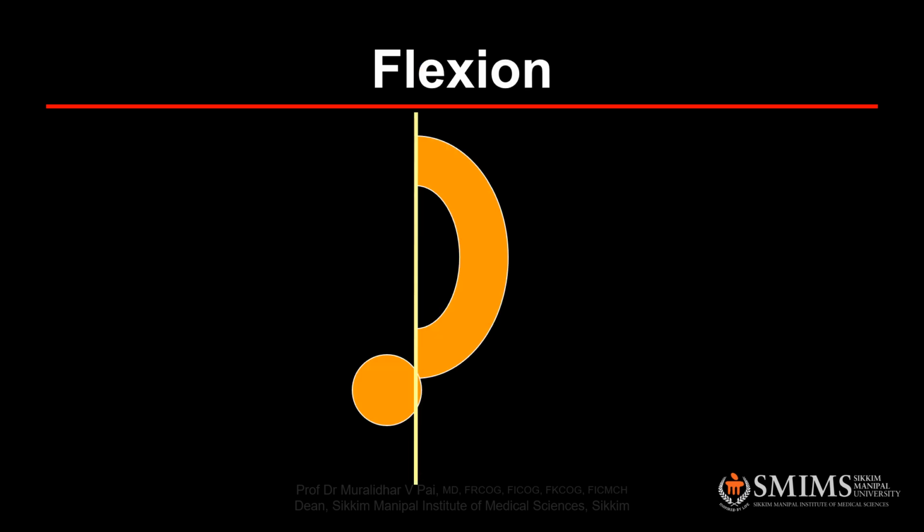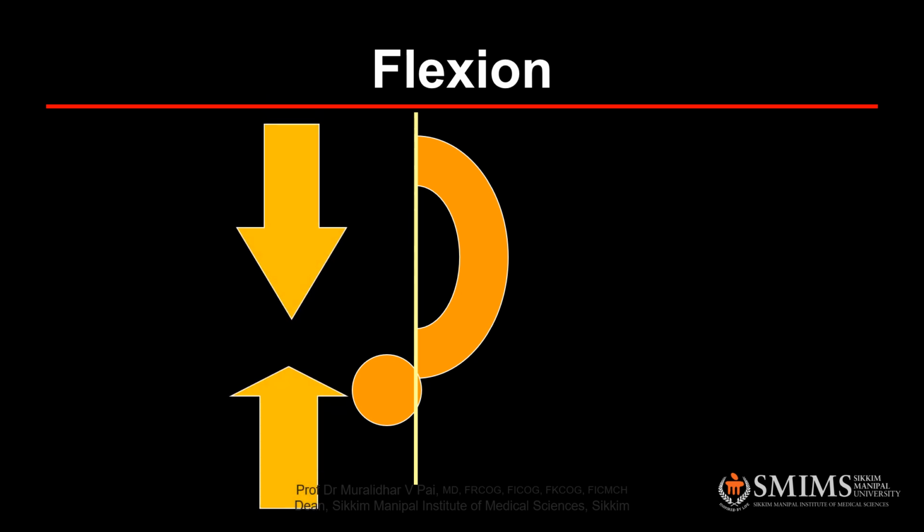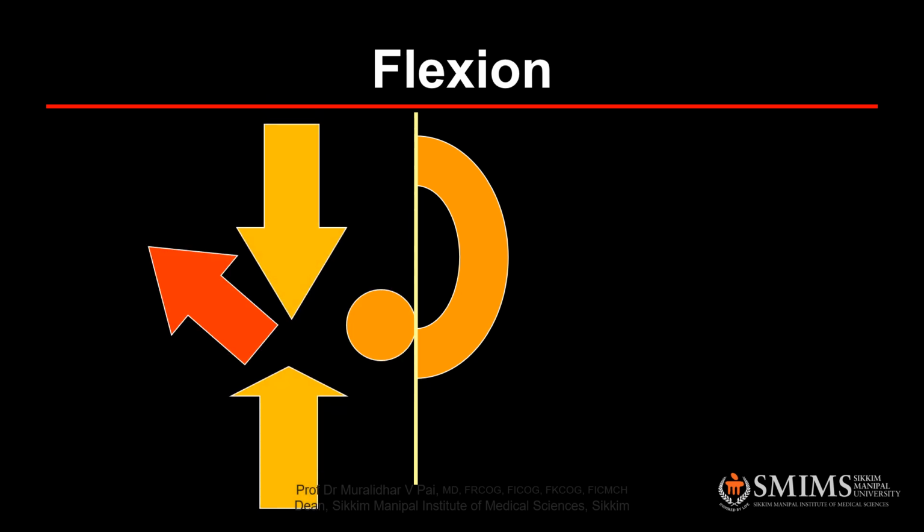In order to understand the mechanism of flexion, we need to recall the physics that we learned in high school. When two equal and opposite forces act, the resultant force will be diagonal. Which are the two equal and opposite forces acting in labor? The contracting and retracting uterus exerts downwards force, whereas the two levator muscles exert resistance and upward force.